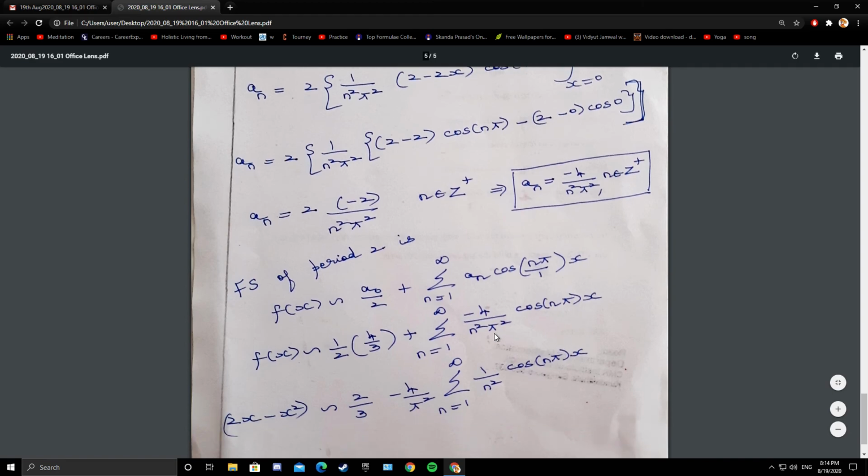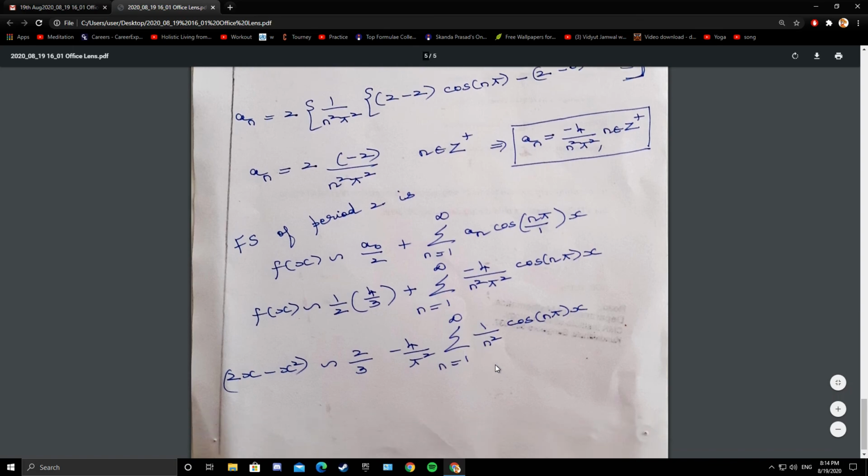Then the next step, take minus 4 by pi square out. The summation is only for n. So in the next step, what is f of x? 2x minus x square. Half of 4 by 3 is 2 by 3. And in a n, I have taken minus 4 by pi square out. Summation 1 to infinity 1 by n square cos of n pi x.